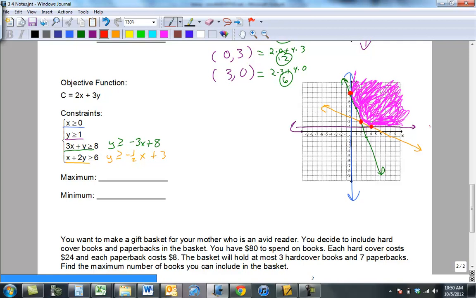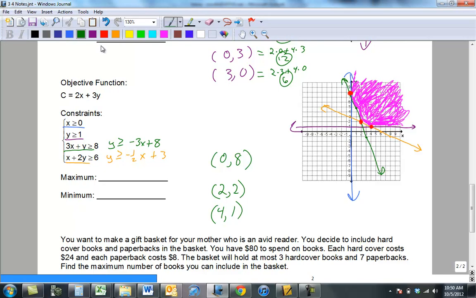So there are 3 vertices here, and then it escapes forever and ever. So our 3 vertices are the points (0, 8), the point (2, 2), and then the point (4, 1). Those are our 3 points.